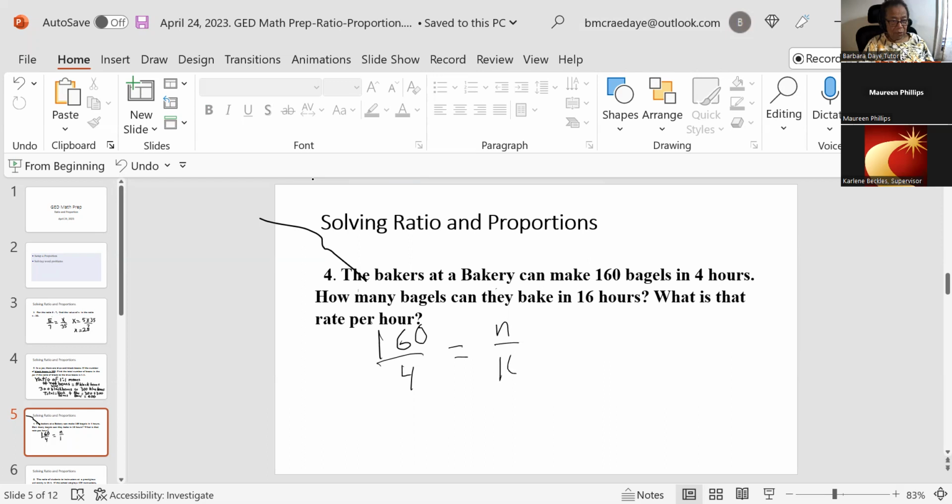And what do you get for the n, Maureen? The n I get is 640. 160 times 16 divided by 4.